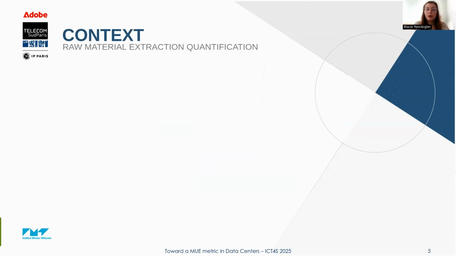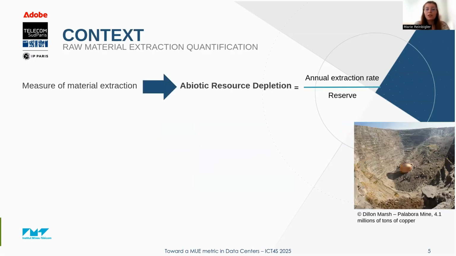How do we actually quantify this raw material extraction? There is a metric called the abiotic resource depletion, which accounts for the annual extraction rate divided by the reserve present on Earth. But it's not that metric that is usually monitored.